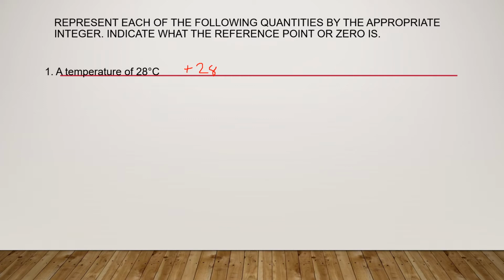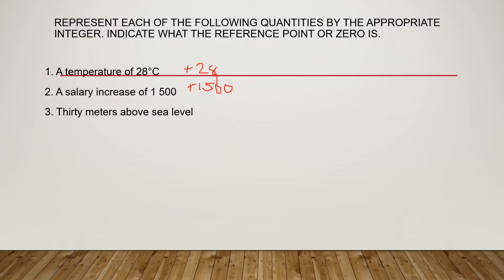Alright? Number 2, a salary increase of 1,500 is positive 1,500. Number 3, 30 meters above sea level.